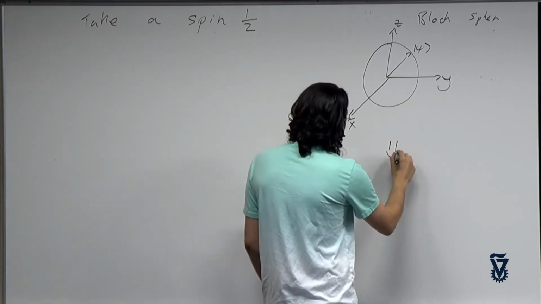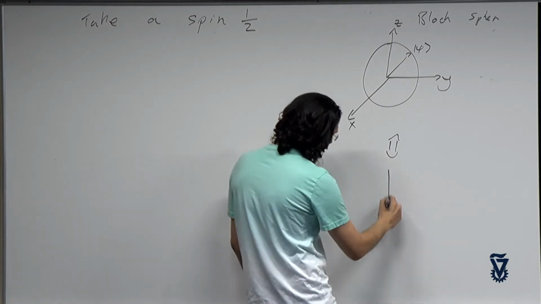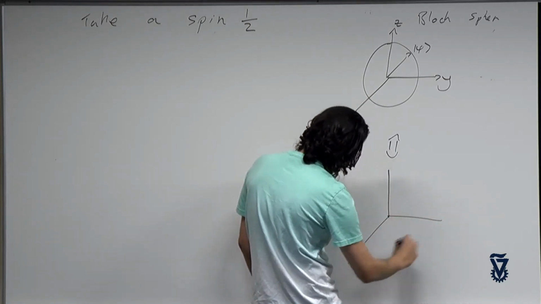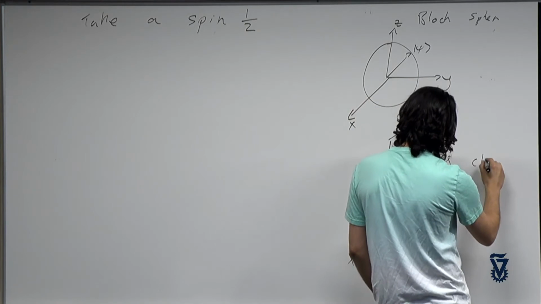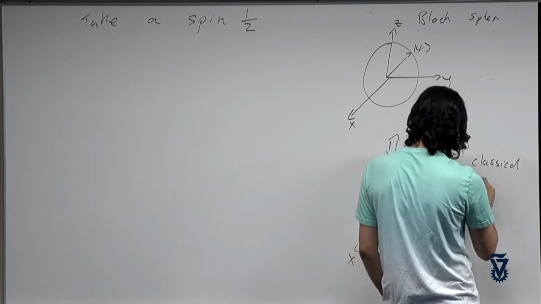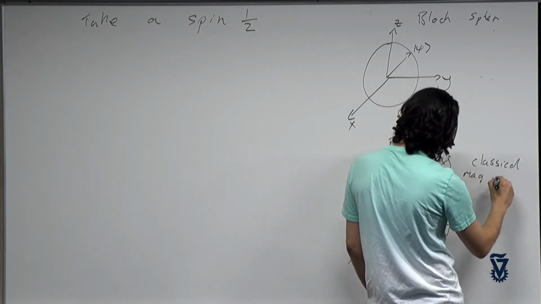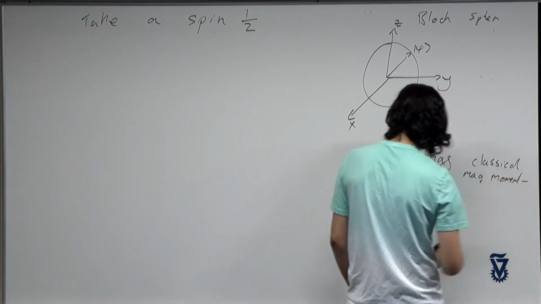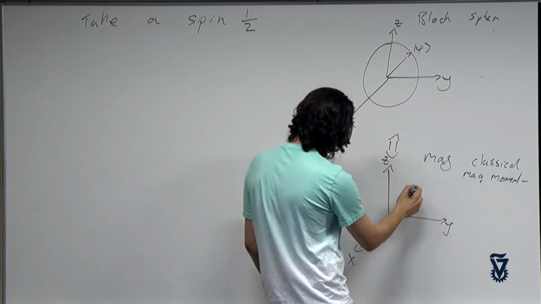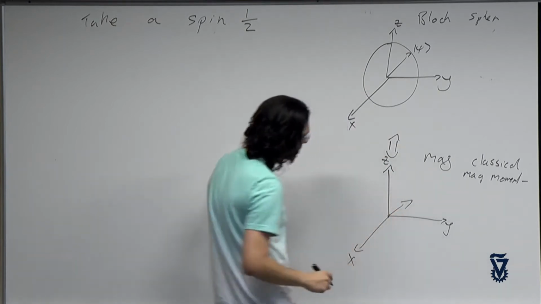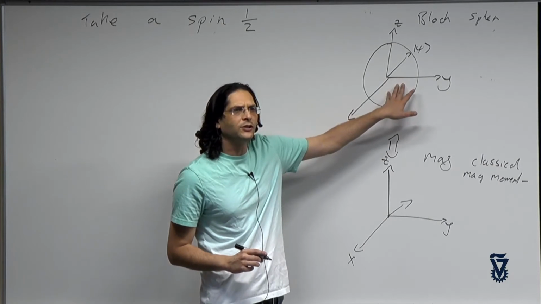And this is psi for our spin half. And note this, I don't know if it's strange, I don't know if it's surprising, maybe it's not surprising, that if I look at a magnetic moment, and I look at its magnetization of a classical magnetic moment, then it can also be described on our x, y, and z axis, and the direction of the magnetization kind of corresponds to the direction on the Bloch sphere.